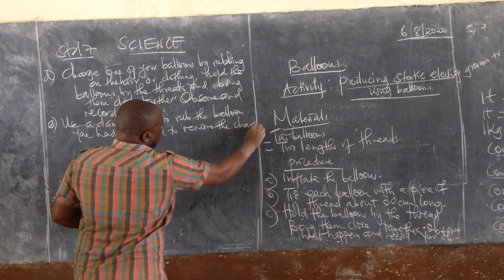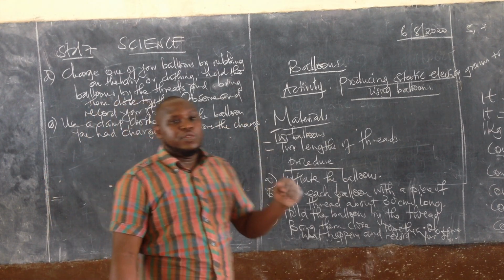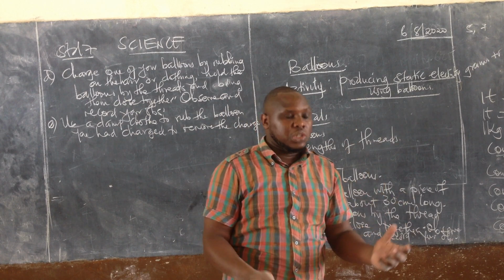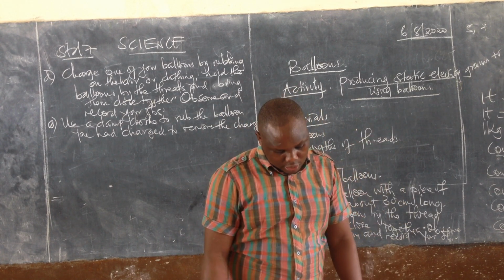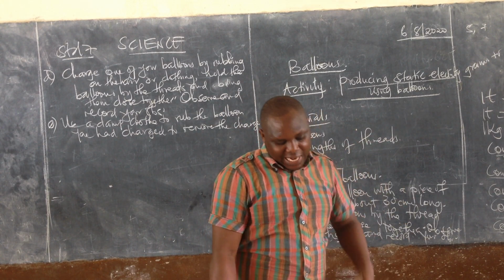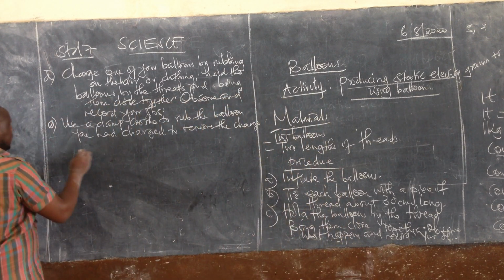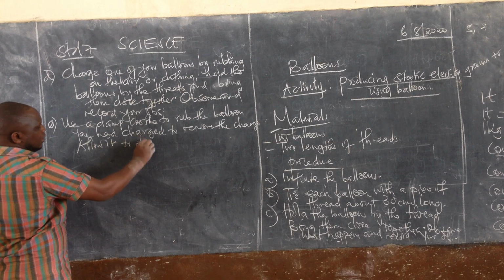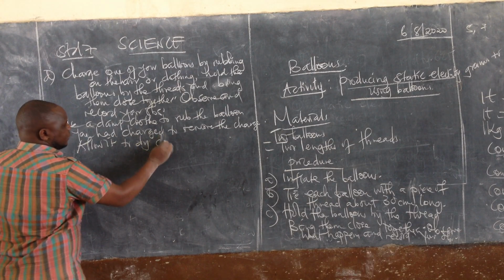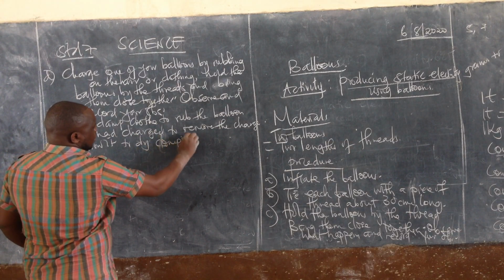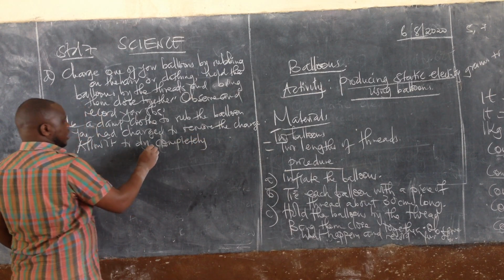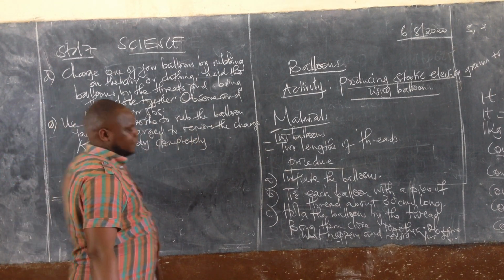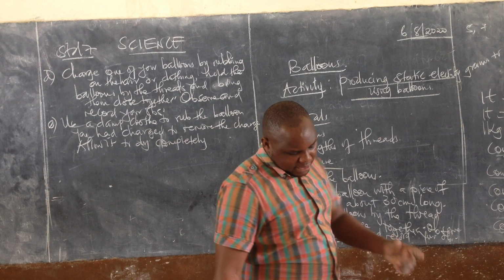So by rubbing using a damp cloth, it removes the charge that you produced by rubbing on the hair or clothing. Then after doing that, allow it to dry completely.